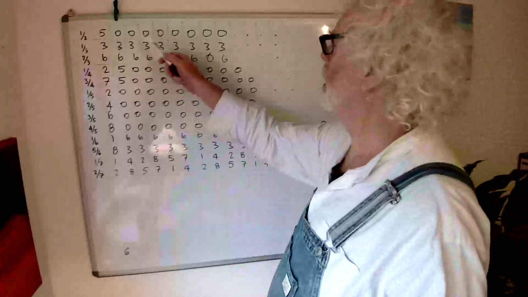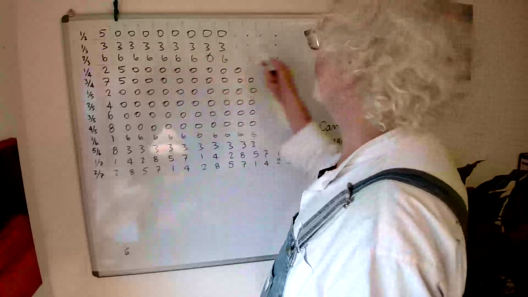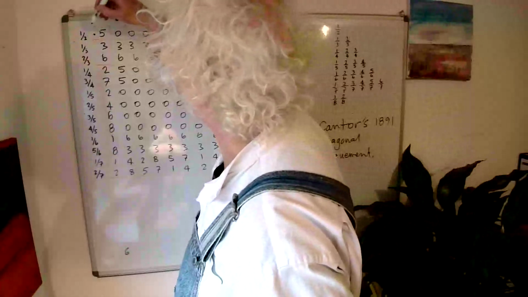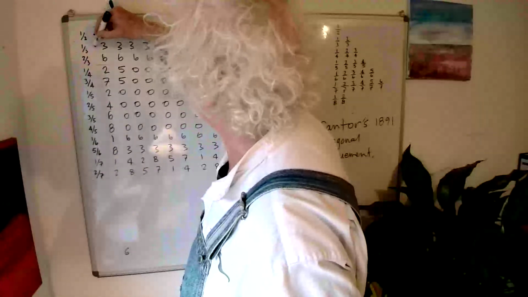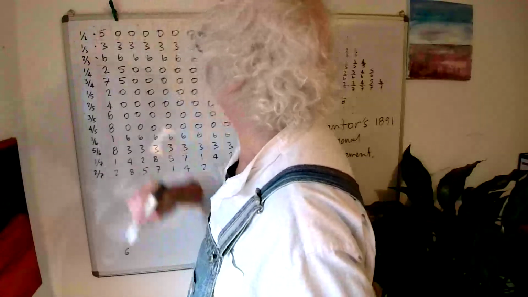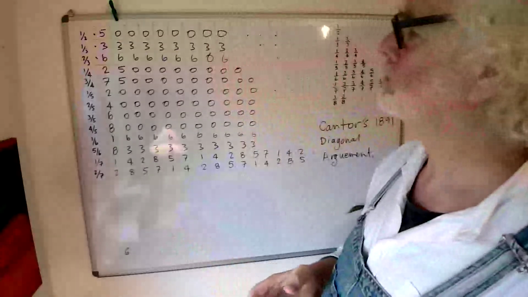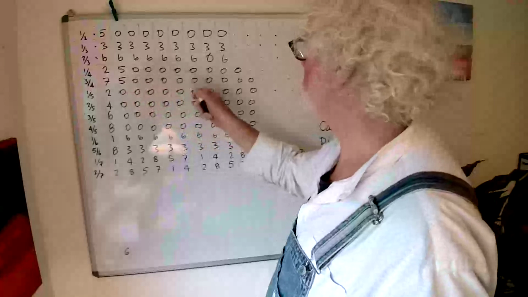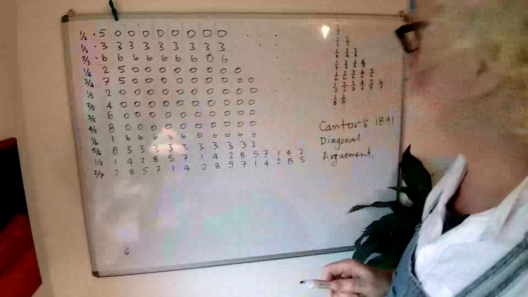And I've written out the beginning of their decimal equivalents. So really there's a decimal point in front of this 5 and in front of this 3, but I've not actually written those decimal points in. So a quarter is 0.250000, and so forth.